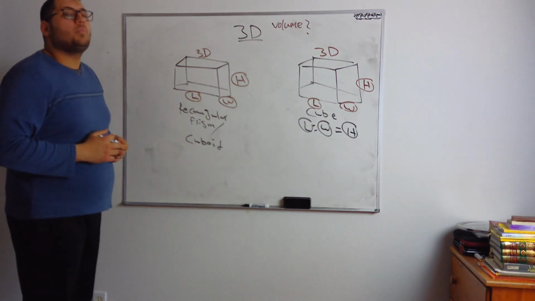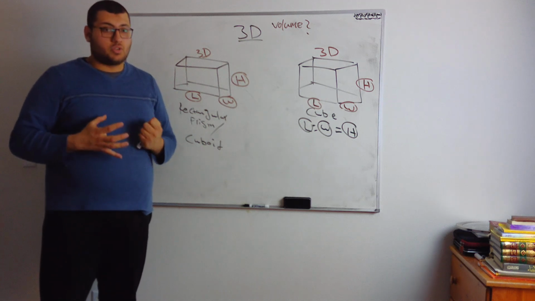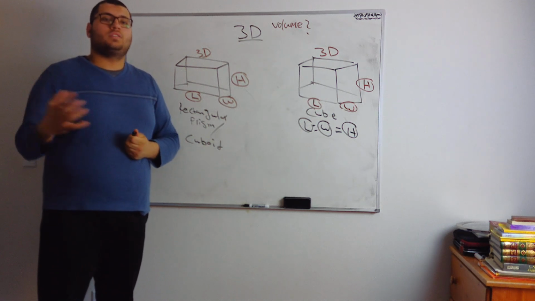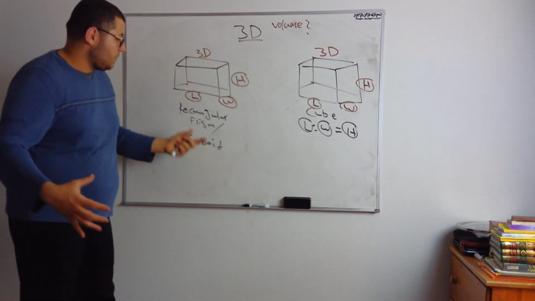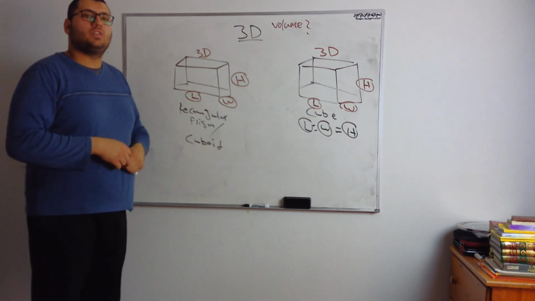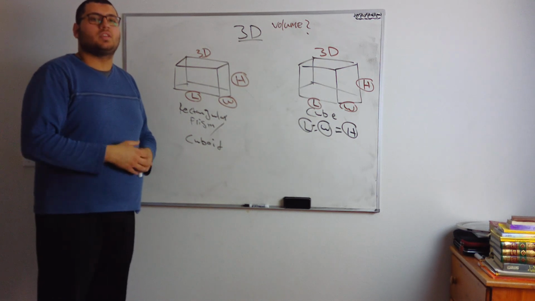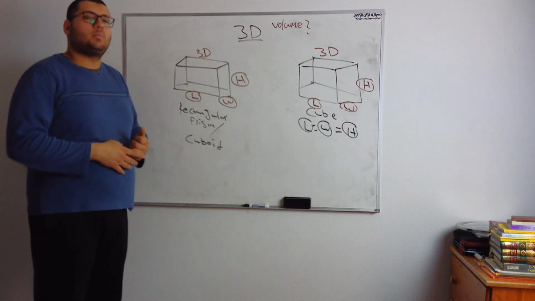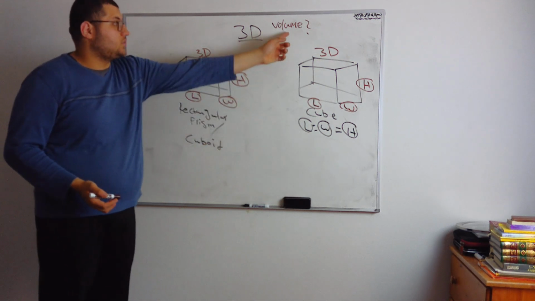So volume is the capacity, how much your 3D shape can hold. Say you have some sand and you have a rectangular prism looking box, and you're trying to pour some sand inside your box, and you want to determine the capacity of the box, how much it can hold. That means you have to find your volume.